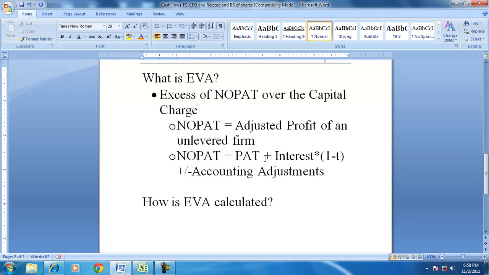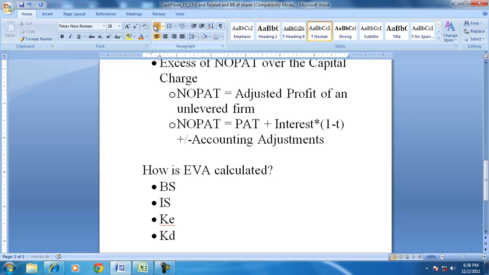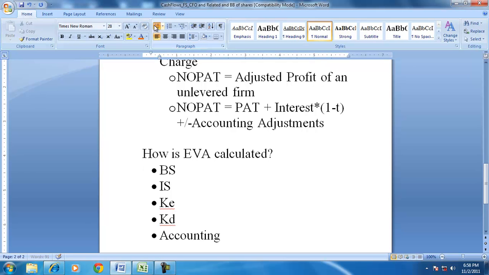And for EVA calculation we need the balance sheet, we need the income statement, we need the cost of equity, we need cost of debt, we need to understand the accounting adjustments wherever required. In order to understand the accounting adjustment, we have to see the accounting policies and then examine whether they fail to reflect the reality. If yes, then do the accounting adjustments. If no, then you don't need accounting adjustments.